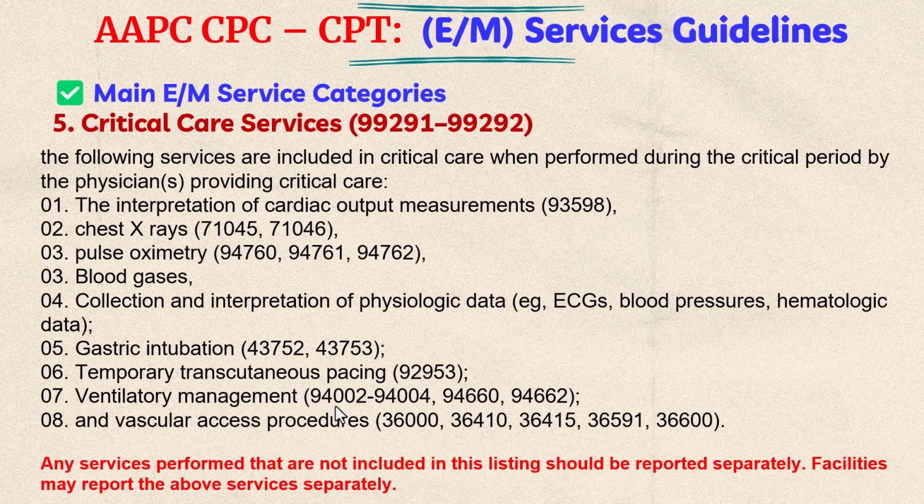The following services are included in critical care when performed during the critical period by the physicians providing critical care. This is available in your CPT evaluation and management guidelines, so you have to highlight these things.